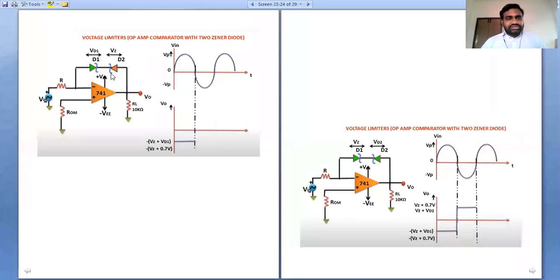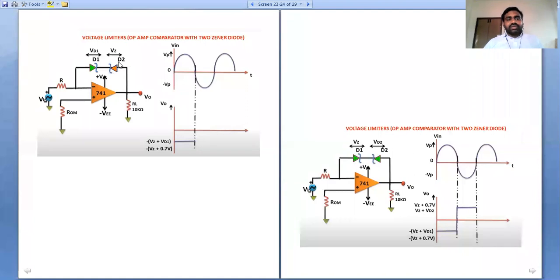See, at the first condition, the input voltage will flow through this terminal, and the reference voltage is 0 here. So if the V2 terminal is 0, with respect to the negative feedback principle of the operational amplifier, the virtual earth point will also be 0. So the input voltage will flow through this path, through the diode D1, and the voltage across D1 is VD1.